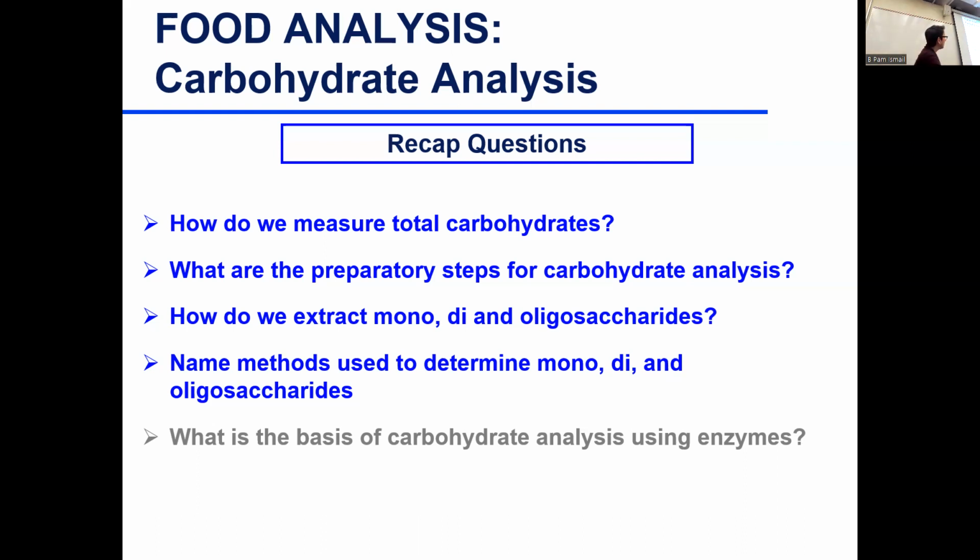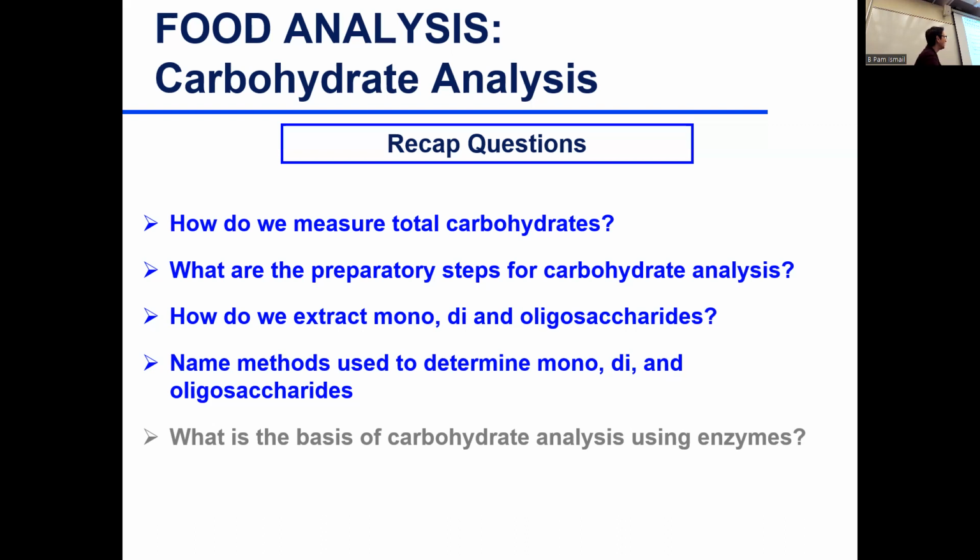Name one method that could be used to determine mono, di, and oligosaccharides. HPLC. Yes, we're going to talk about HPLC in this lecture, but we talked about a method or several methods based on what characteristics of the sugar. Mono and disaccharides usually are what? Reducing. So we look at one of three methods.